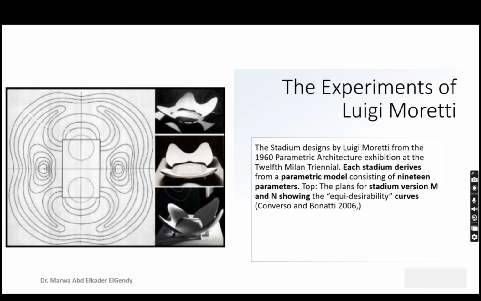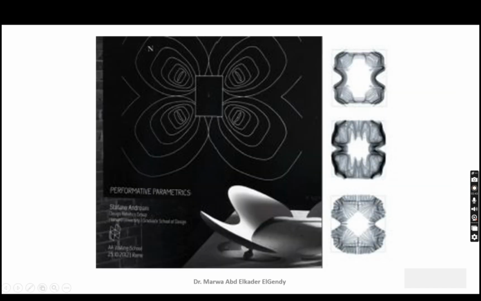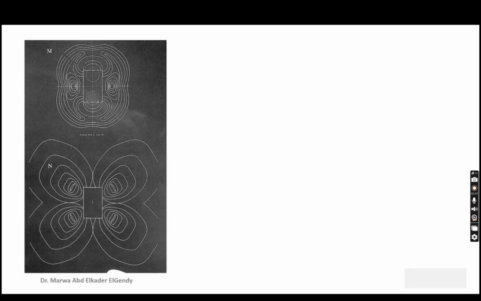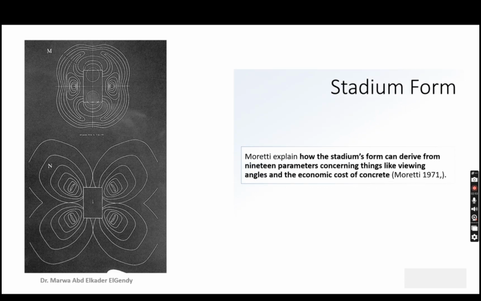This stadium has versions M and N, meaning the M design and the N design. There are different curves and the parameters depend on the angles in the M letter and N letter. As we see, this is the N model and another model for the M. The first one is the M, and you change the angles in the M letter.